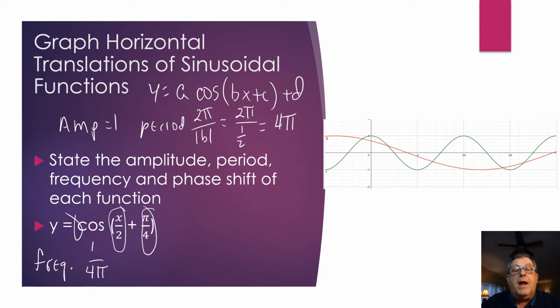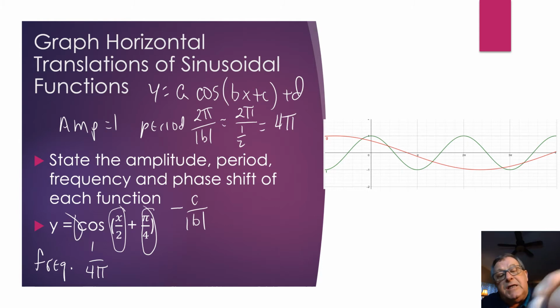All right, and now comes the phase shift. We can define the phase shift as negative c over the absolute value of b. Now I will confess to you that phase shifts are actually hard for me to really spot and see on the graph. Maybe I just need better training at that. But algebraically, it's not too bad.